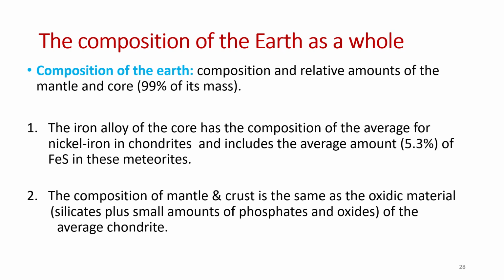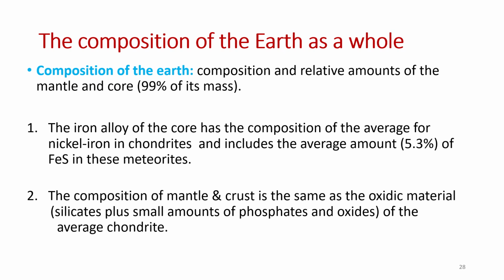For this purpose, assumptions about the composition of the core and mantle can be made. Assumption number one: the iron alloy of the core has the composition of the average for nickel iron in chondrites, and it includes the average amount, roughly around 5.3%, of iron sulfide or troilite in these meteorites.